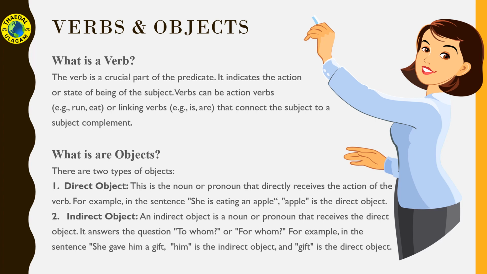Indirect object. An indirect object is a noun or pronoun that receives the direct object. It answers the question to whom or for whom. For example, in the sentence, she gave him a gift, him is the indirect object and gift is the direct object.